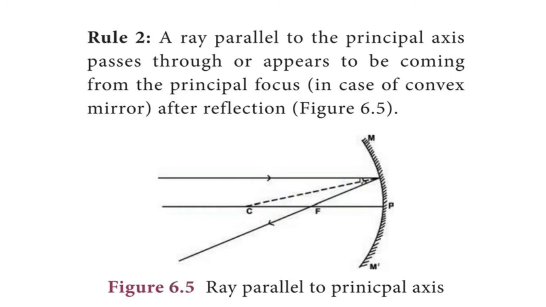A ray parallel to the principal axis, after touching the mirror, reflects back through the principal focus, which is represented by the letter F. So this is Rule 2. When a ray is parallel to the principal axis, it reflects back through the principal focus.